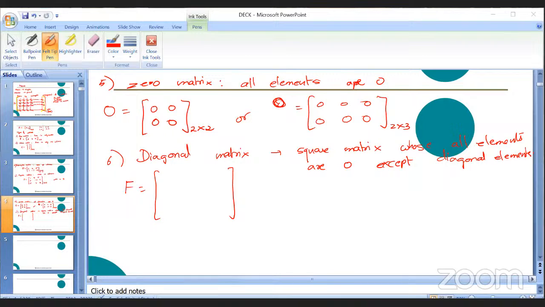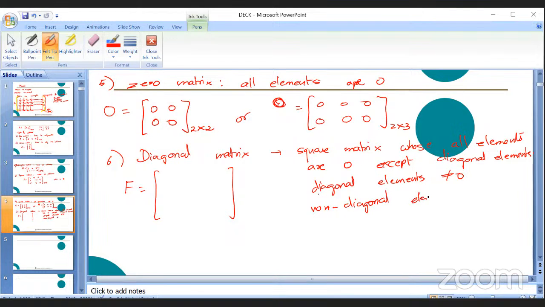So only diagonal elements are not 0. Non-diagonal elements are 0. So which definition would be better? This definition will be better.